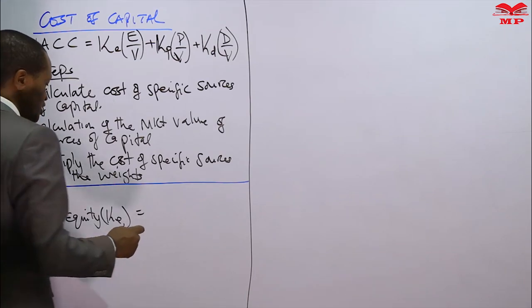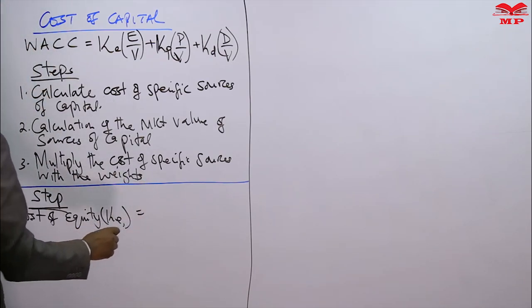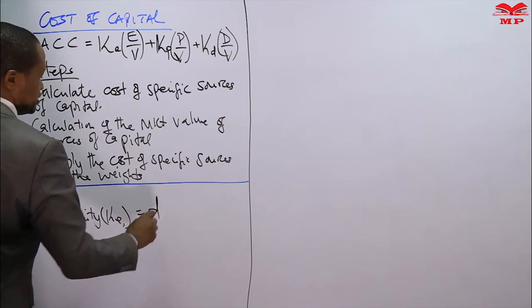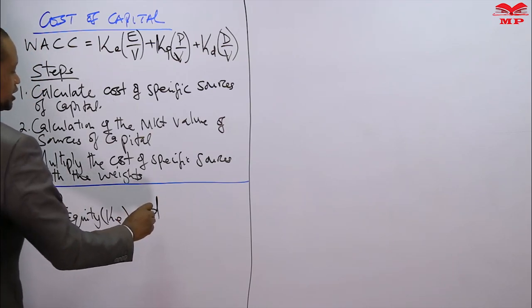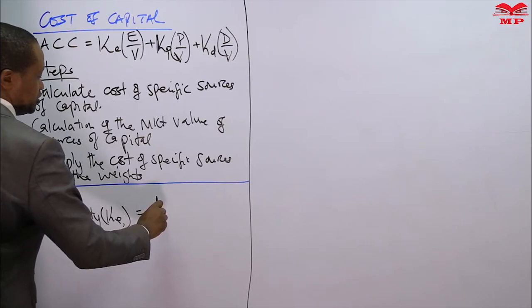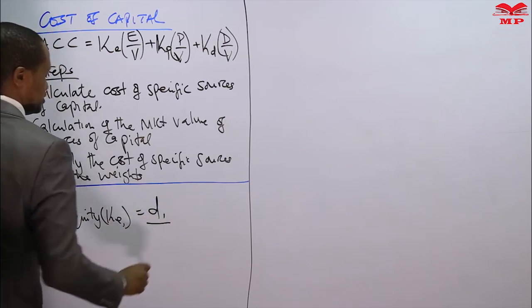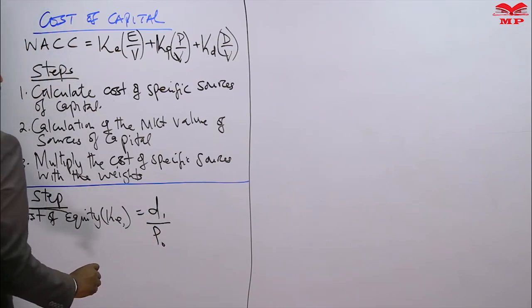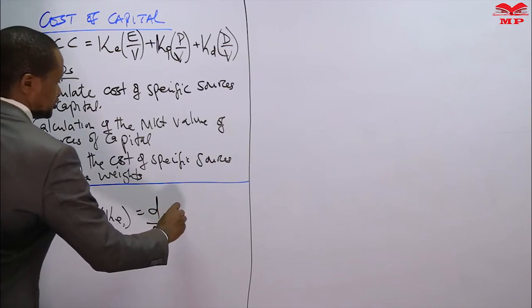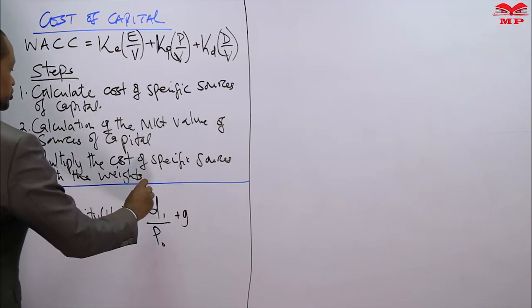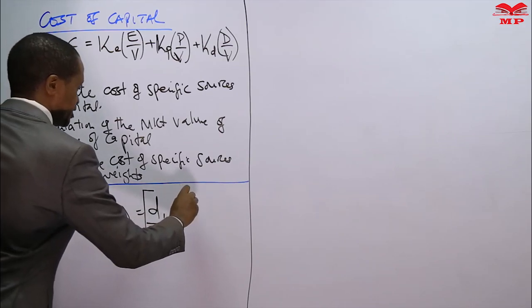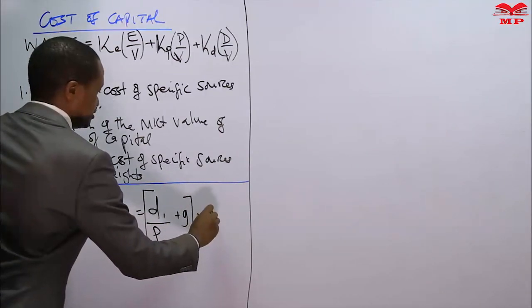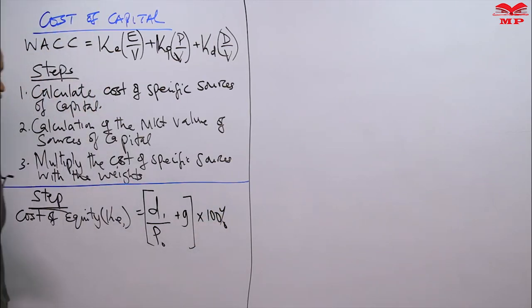In this model, cost of equity is equal to the expected dividend, denoted as D1, over the market price, P0, plus G, times 100. This will give us the cost of equity, where D1 is the expected dividend.